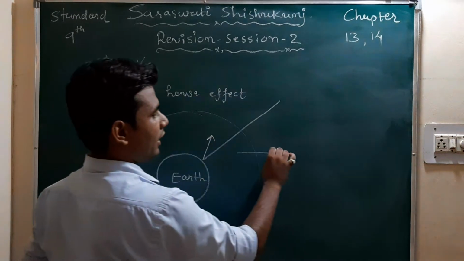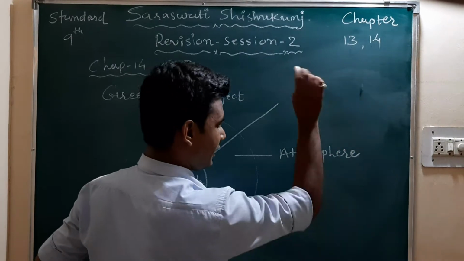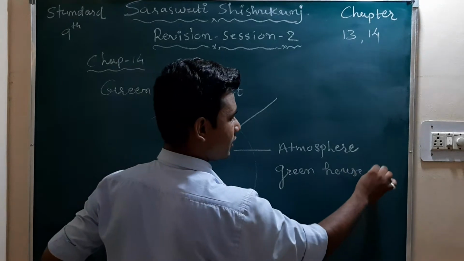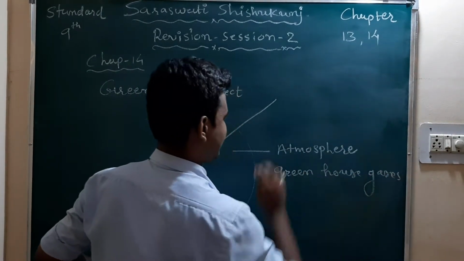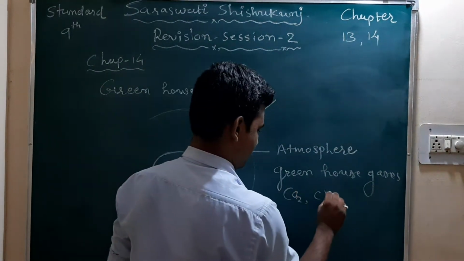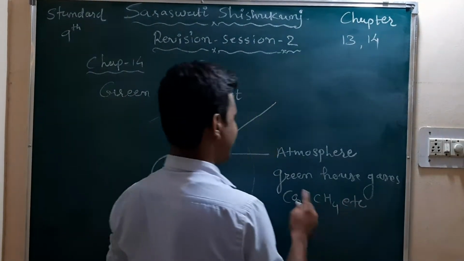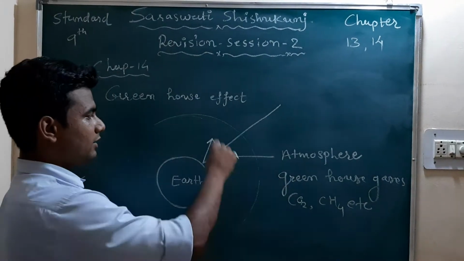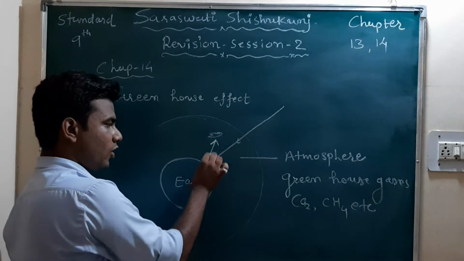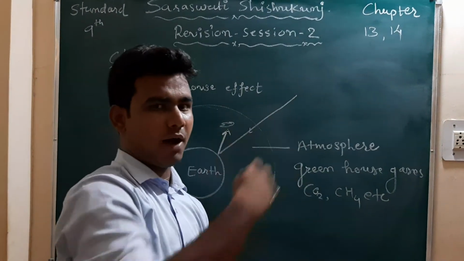Now in the atmosphere there are different greenhouse gases like carbon dioxide, methane, you can say CO2, carbon dioxide, methane, etc. What these greenhouse gases do, the greenhouse gases present in the atmosphere will not allow the heat wave to reflect back out.